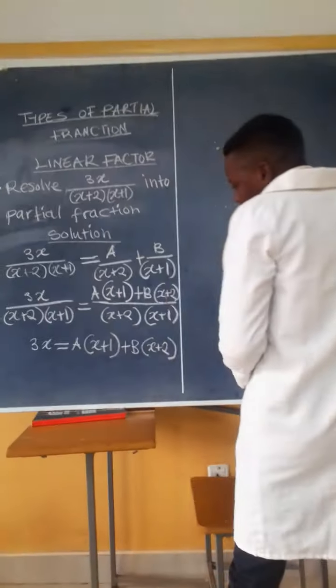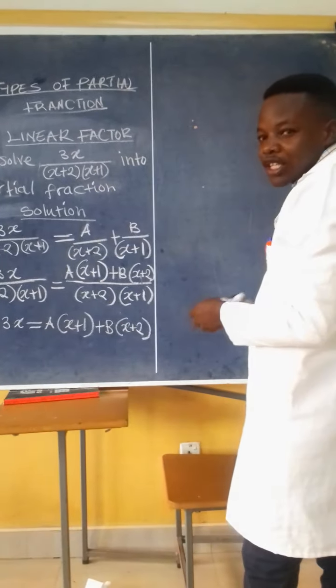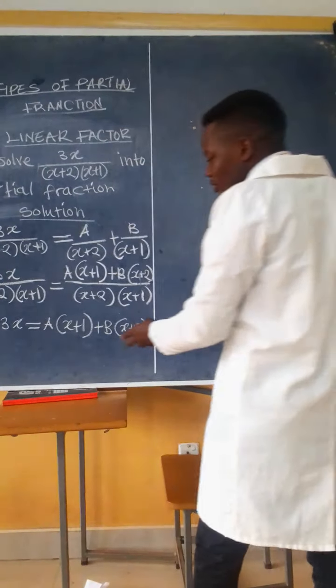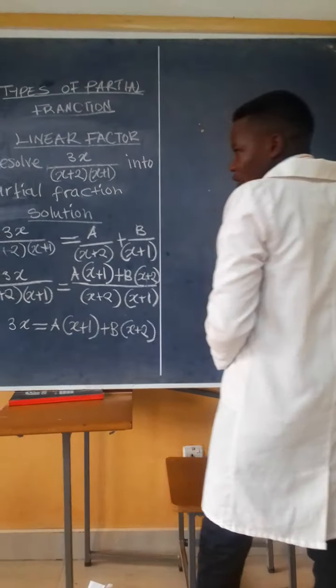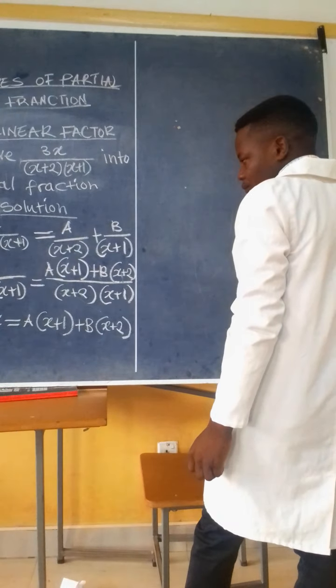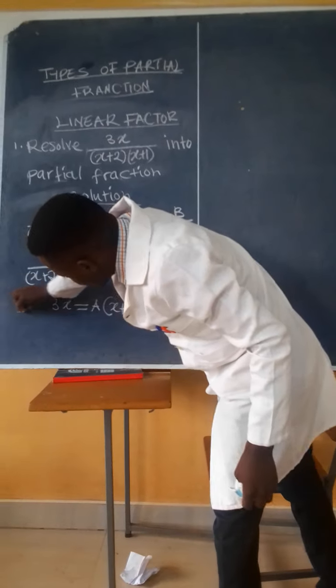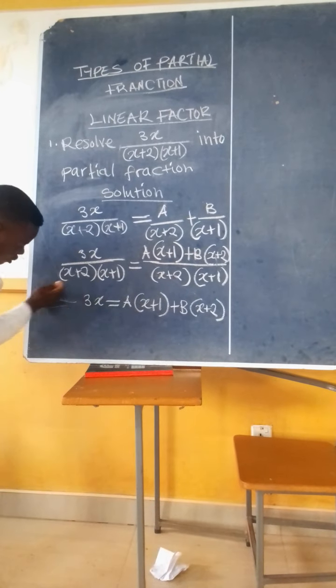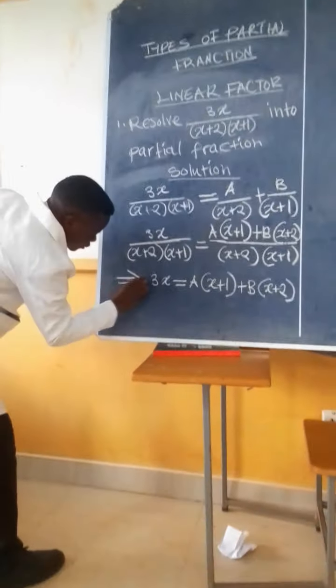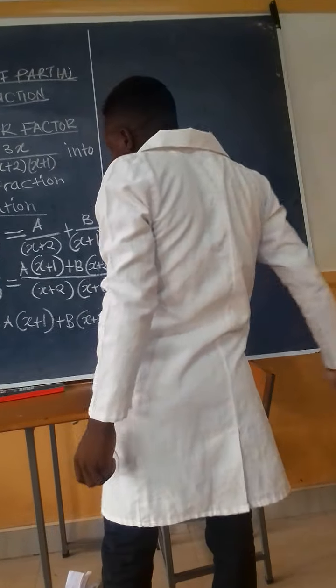Immediately we reach this step, we are going to determine which type of method we are going to use. There are 2 types of methods that we can use at this stage.